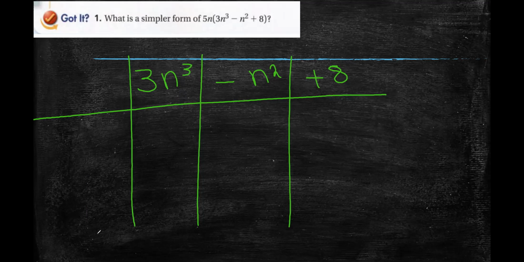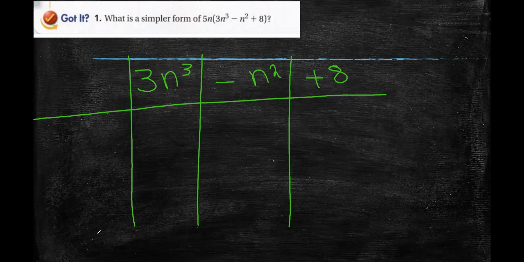Here I have 3 terms, so the answer must be 3 terms. If I have 4 terms, the answer must be 4 terms. So multiplying a monomial by a binomial, the answer will be a binomial. Multiplying a monomial by a trinomial, the answer will be a trinomial.